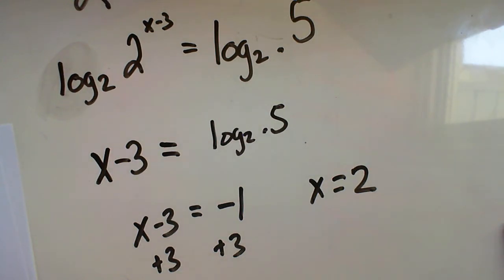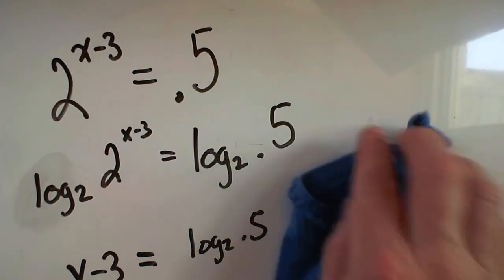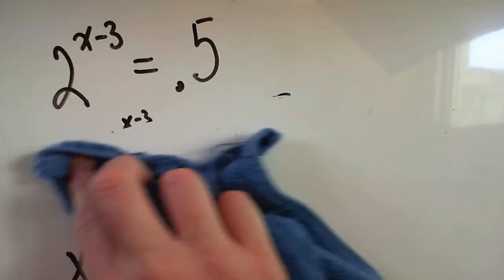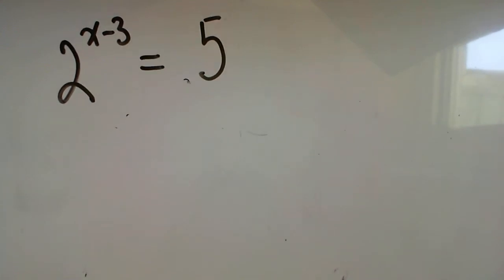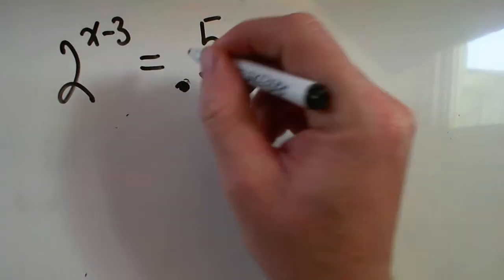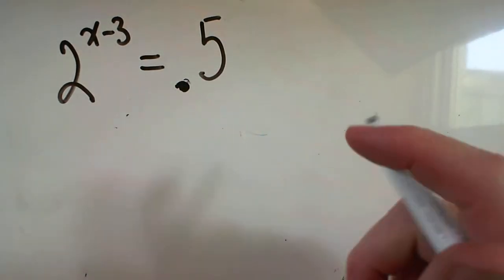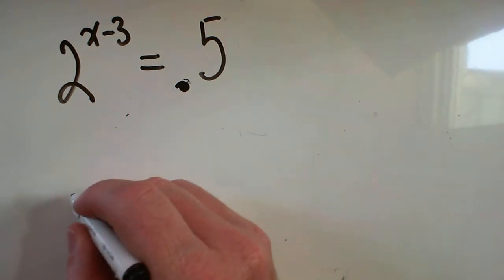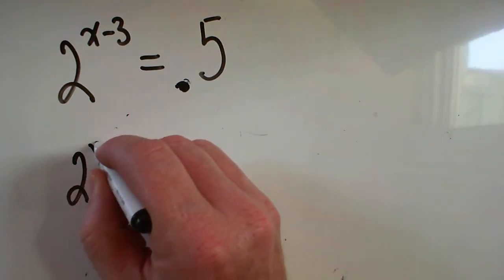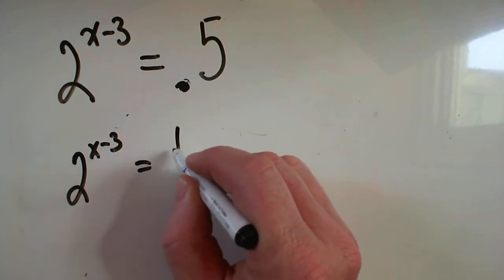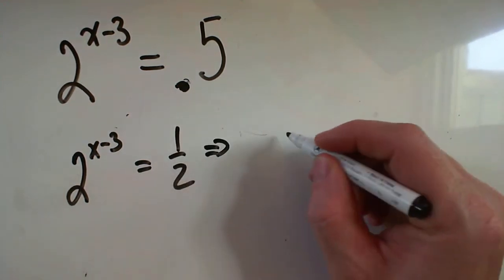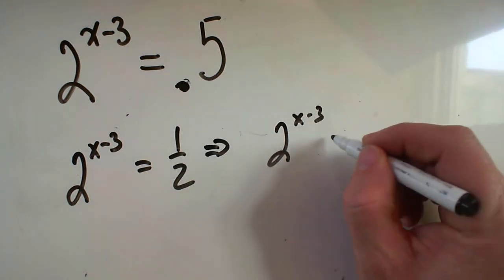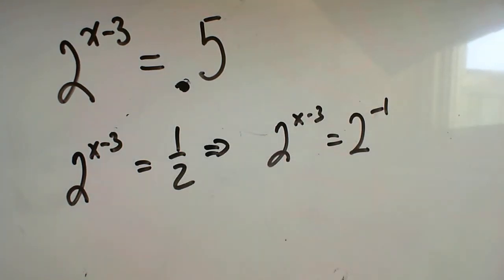Now, alternately, you could, at the very beginning, do this without logarithms with a little bit of insight. What I mean by that is if you realize that 0.5 is 1/2, this is 2 to the x minus 3 equals 1/2, which is 2 to the x minus 3 equals 2 to the negative 1.